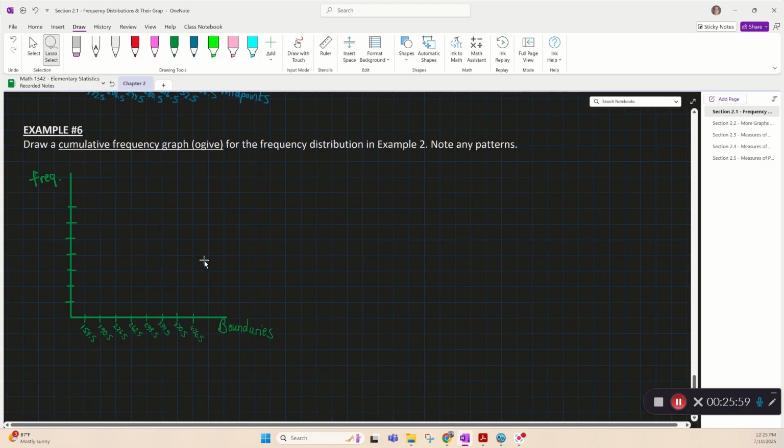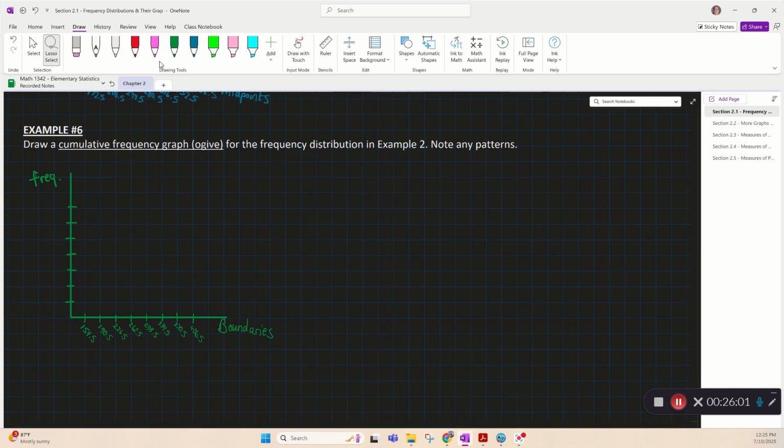Okay, on a cumulative frequency graph or an ogive, we typically do upper boundaries. This is going to be cumulative. Now you're like, okay, so you're just going to start numbering yes and no. I'm not going to do 1 through 7. This is cumulative frequency we need to do.